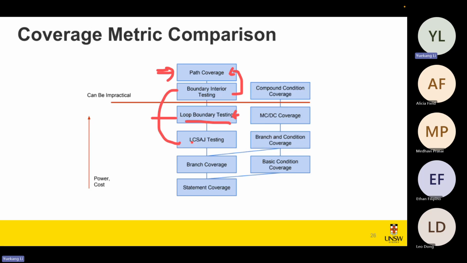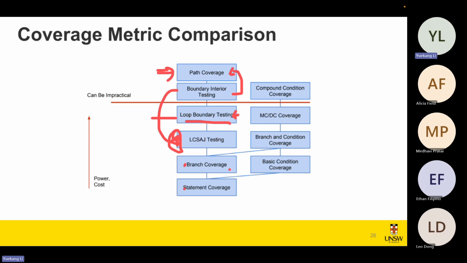And for LCSAJ, the power of this LCSAJ depends on the number n, because we need to decide how many segments we want to combine together to build test cases. If n equals 1, it's very similar to statement coverage. If n equals 2, it's kind of the same as branch coverage. If n is larger, we are moving closer to full path coverage.